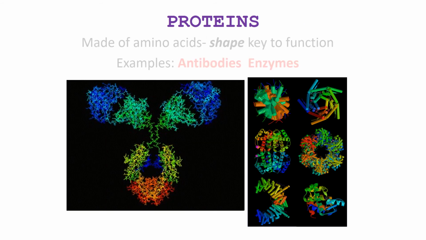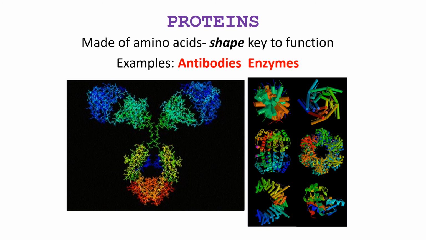Now proteins. There are a whole lot of diverse functions when it comes to proteins. Proteins are made out of amino acids. And just like I mentioned before, shape matters when it comes to biology. Some examples of proteins include antibodies. Antibodies help you fight viruses and bacteria. Enzymes: the function of enzymes is to make a reaction go much faster.